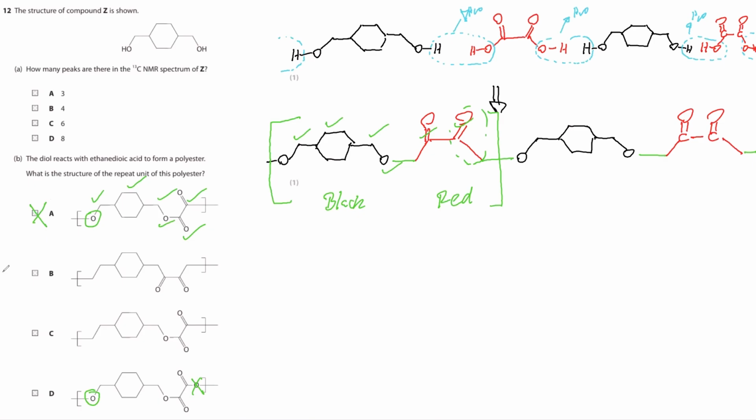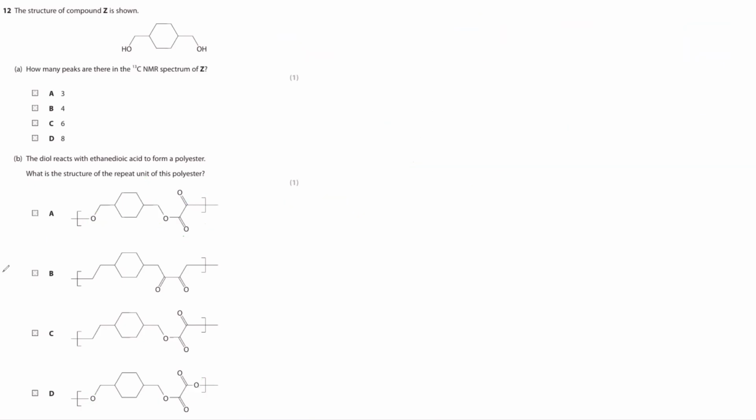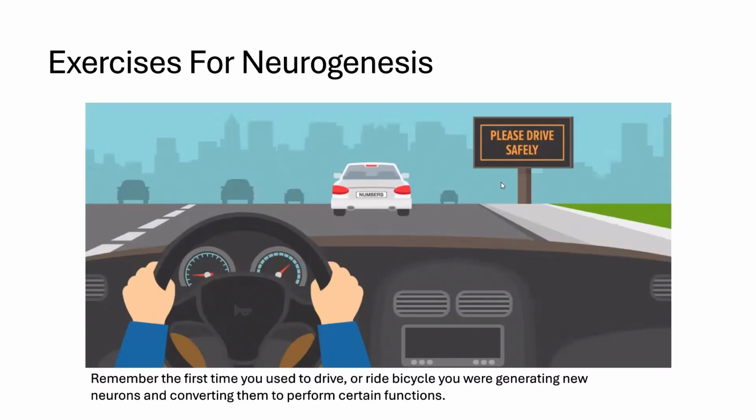Okay, we finish the MCQ part of this paper. Right. Now I'll tell you one problem you will have here. When you work on your exams and you put in more effort, your brain cells will get burnt out.